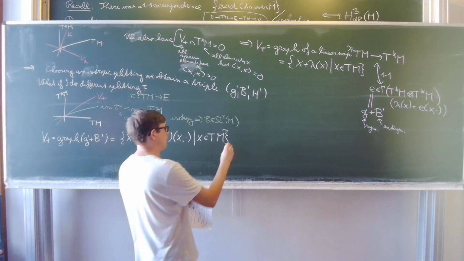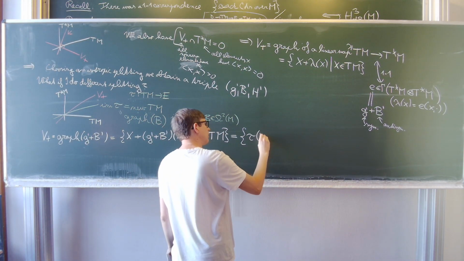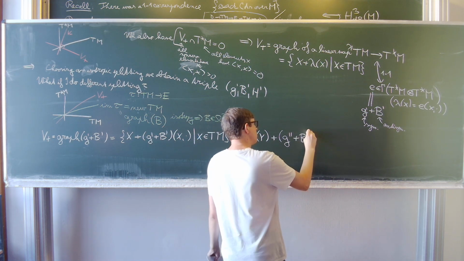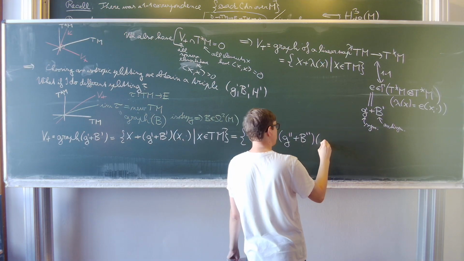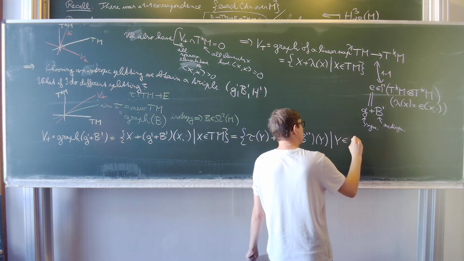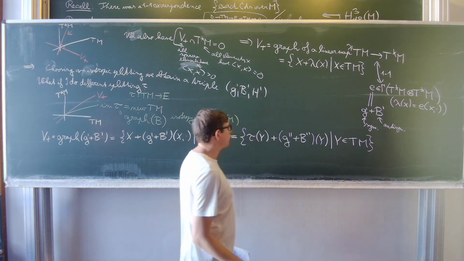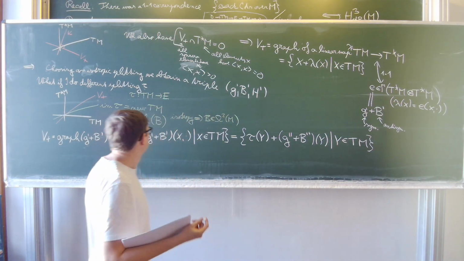In other words, I can write this. So, in terms of our new splitting, there will be some new symmetric form, new antisymmetric form. Okay, and I want to deduce what this data is.